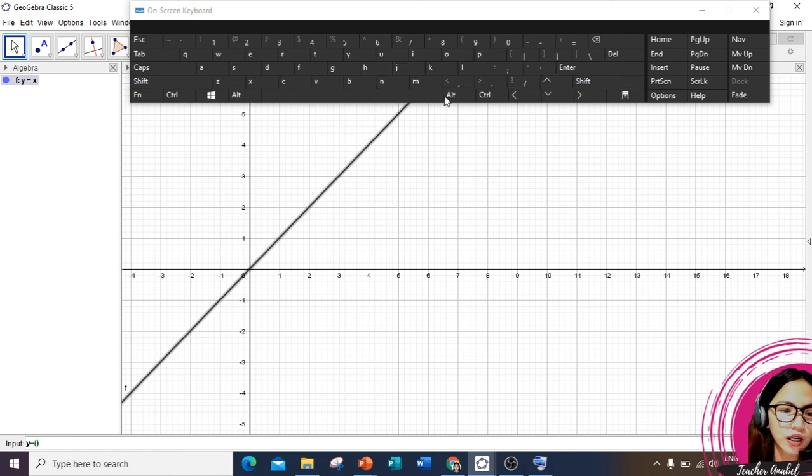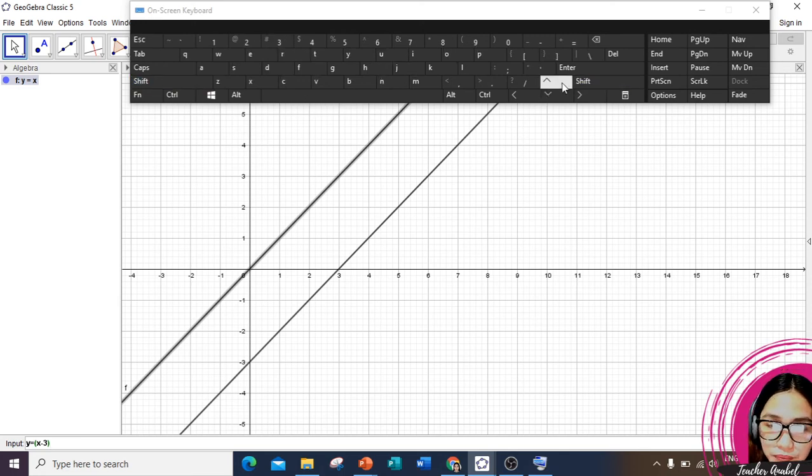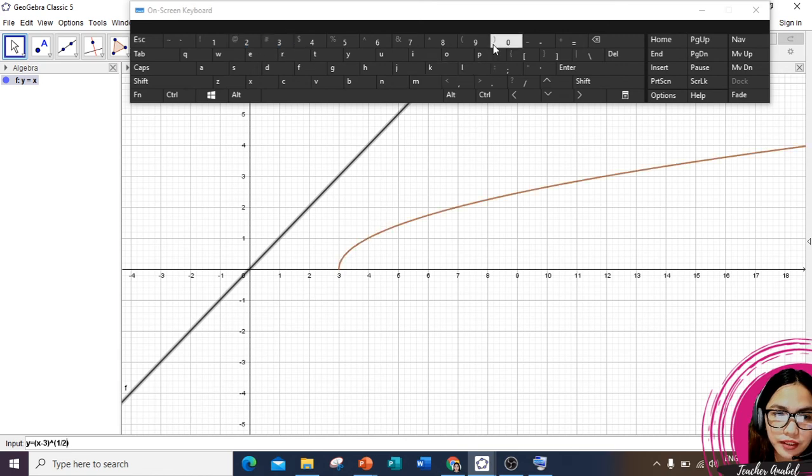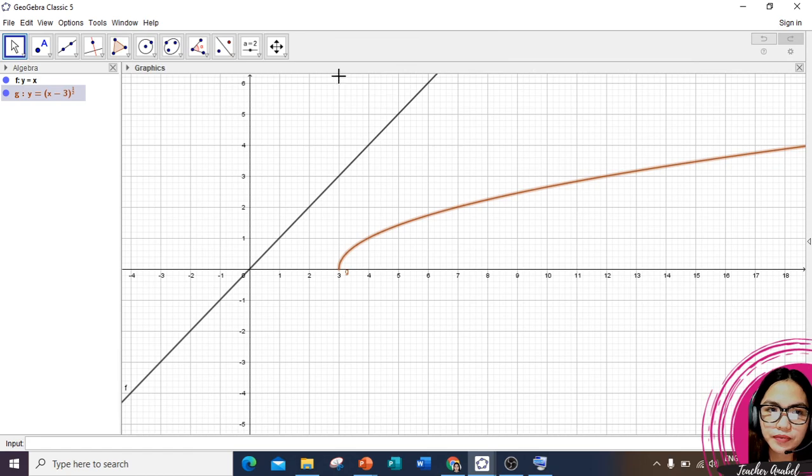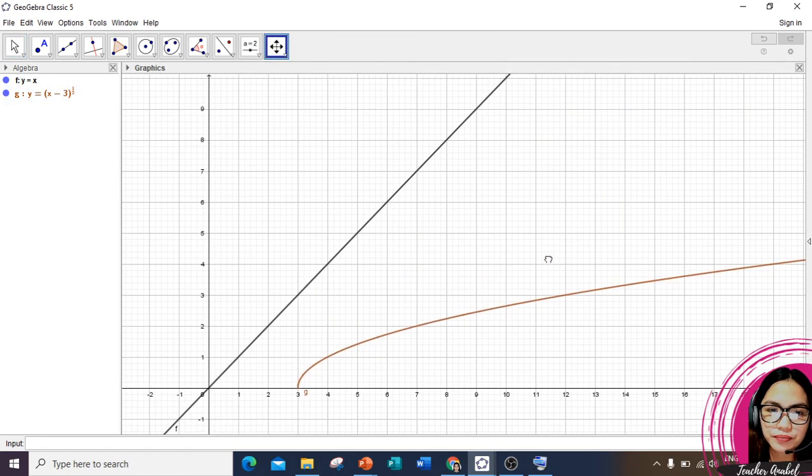So, ano ulit yun? X minus 3, diba? Then, we raise it into 1/2 kasi square root, diba? Ayan. So, that is the graph of the first function.